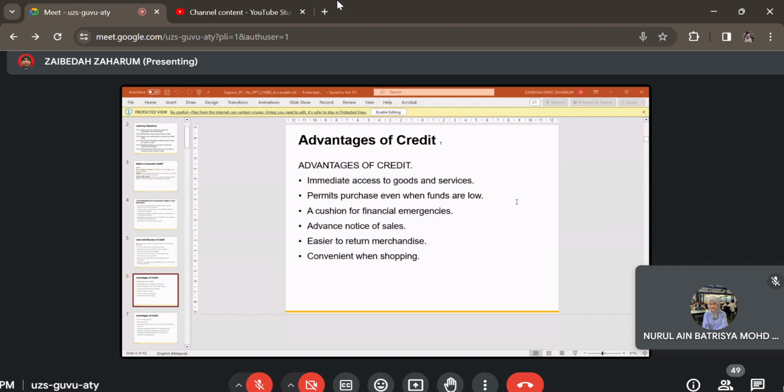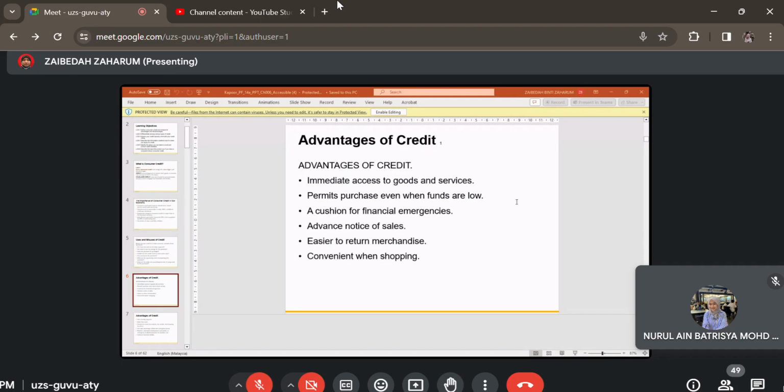So dia di mana the return policy tadi membenarkan dia punya customer tadi do the exchange, ataupun dapat balik duit lah, refund tadi.